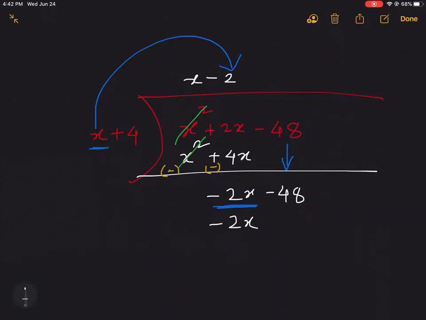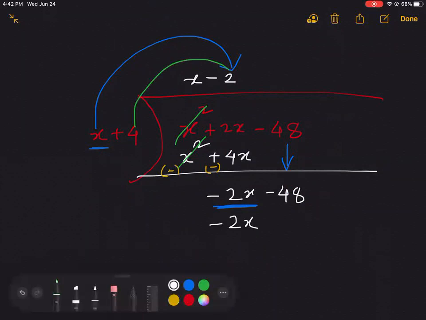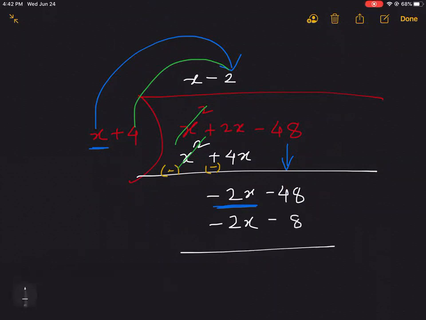And 4 times negative 2 will give me negative 8. So once again, the signs will get altered. This will be plus, this will be plus. So this will cancel each other, and we'll have a negative 40 here.